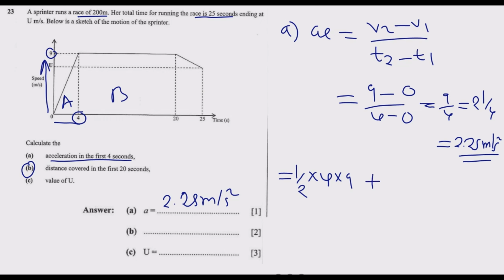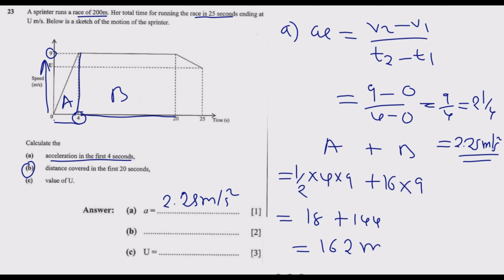Then plus B, which is this times that: 20 minus 4, which is 16, multiplied by 9 minus 0, which is 9. So 4 times 9 is 36, times half is 18, then 16 times 9 is 144. When you sum the two, we end up with 162 meters as the distance covered. So that's it for B, 162 meters. Let us move to C.